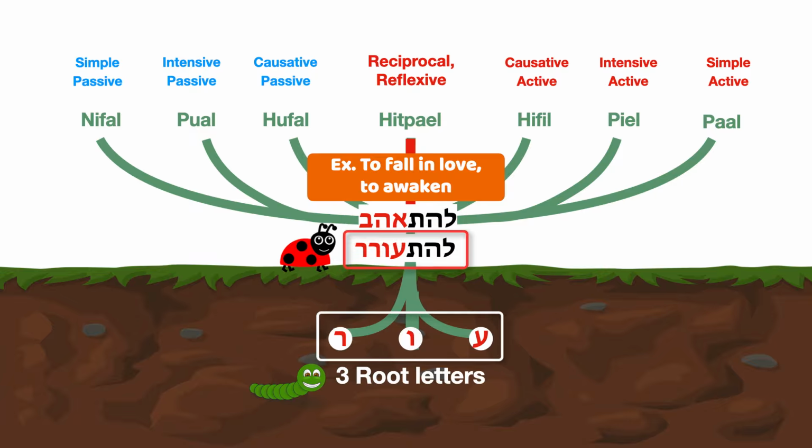Our second heatpile example is the Hebrew word for awaken or to wake up. The root letters here are Ein, Vav, Reish. So let's apply the heatpile rule of adding the prefix lahit. That will give us the verb, להתעורר. That means to awaken or to wake up.